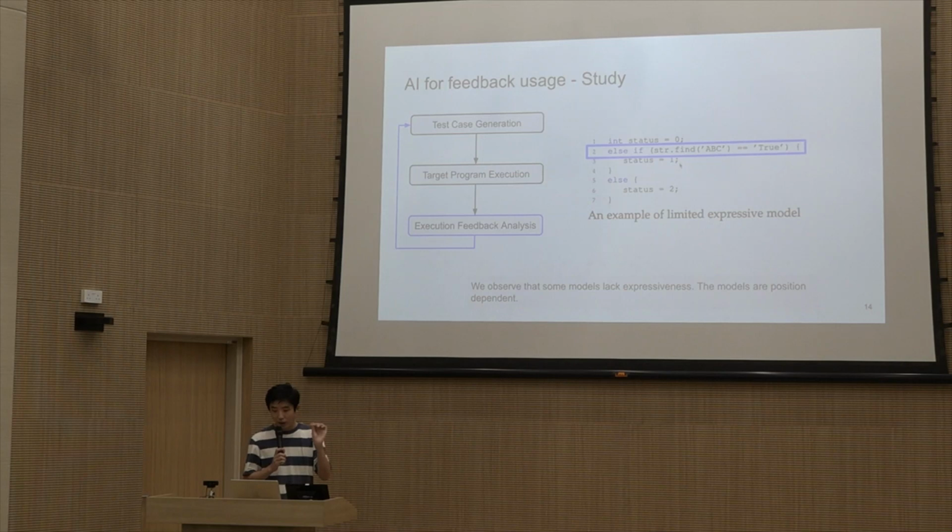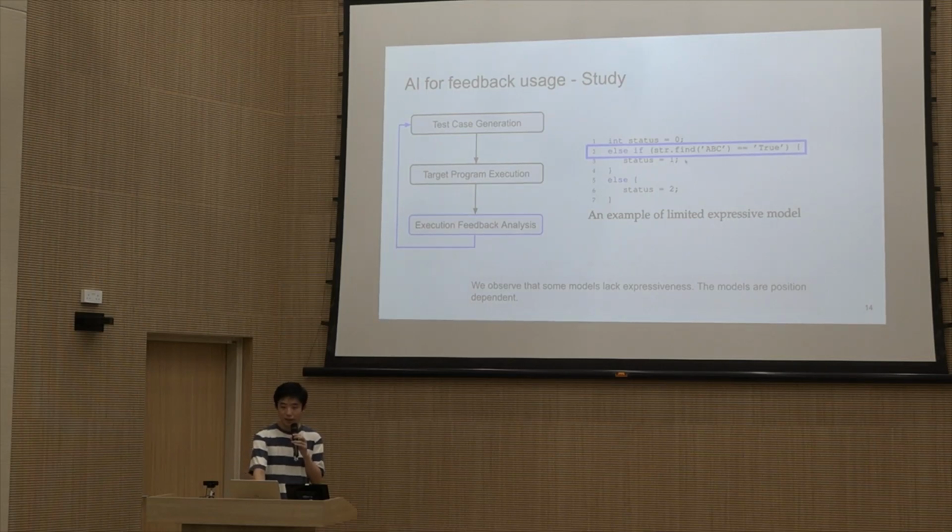If the program is written like this, most of the AI models can work pretty well because the location of the magic string ABC is fixed at the start of the string. So in this case, AI models can work well. However, if the program is in the current form, so if ABC appears anywhere in the string, then we can reach line 3.